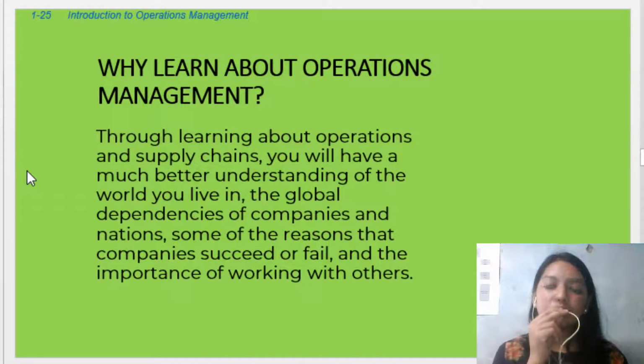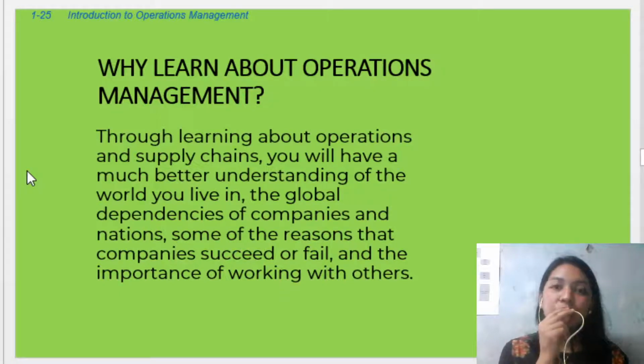Through learning about operations and supply chains, you will have a much better understanding of the world you live in, the global interdependencies of companies and nations. Okay? This world that we are living in is being run by organizations, by multinational companies, big companies, okay? In order for us to understand what is happening, because the basic functions in the business world are the production of goods and the exchange of goods and services.